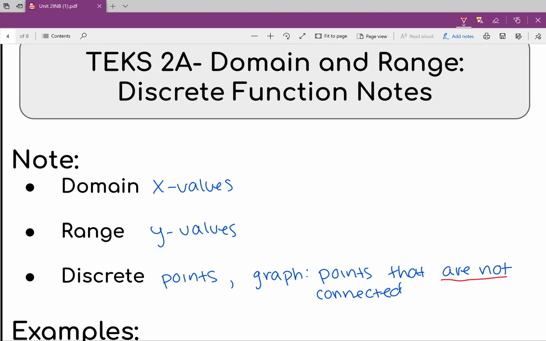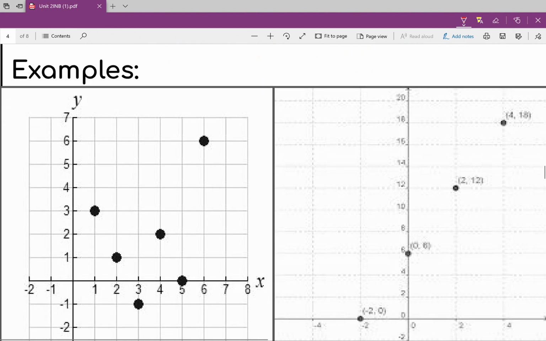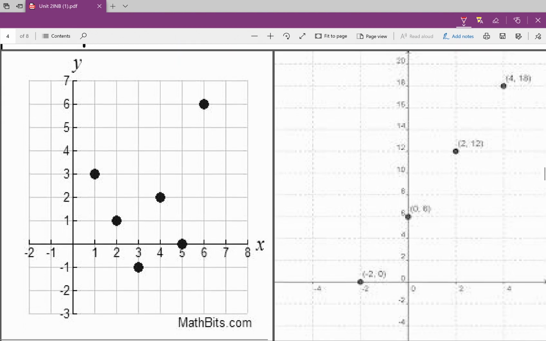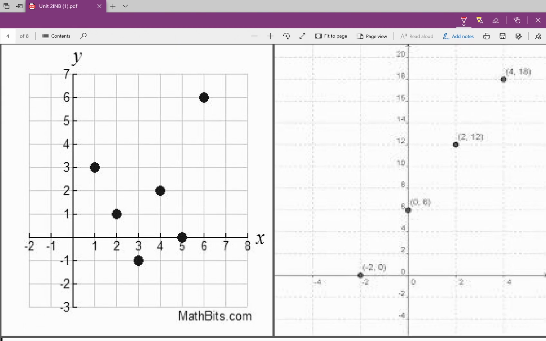So the first example I have is this first graph here. Okay, notice this is a discrete graph because of all the points, and they are not connected. So what I'm going to do real quick is I'm going to label these points. So this point here is going to be 1, 3. Remember, we always label it x, y.